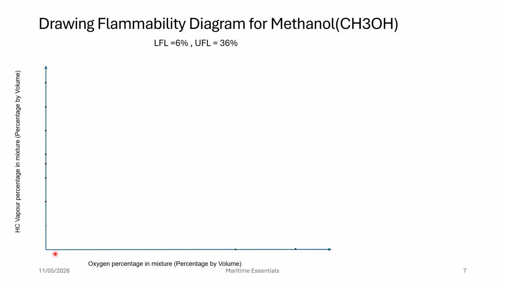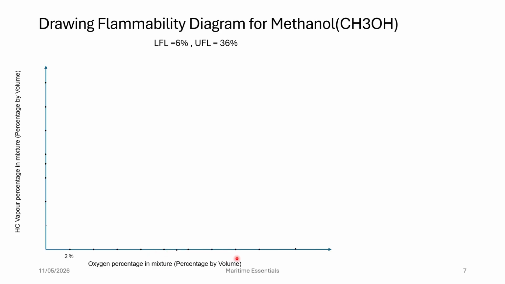So you need to take a pencil and a ruler, and let's draw it. You just need to mark different points for the oxygen percentage: 2%, then 4%, then 6%, then 10%.